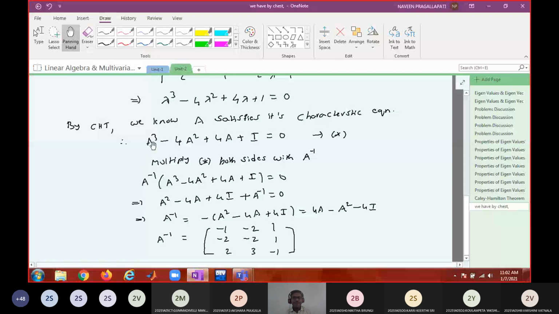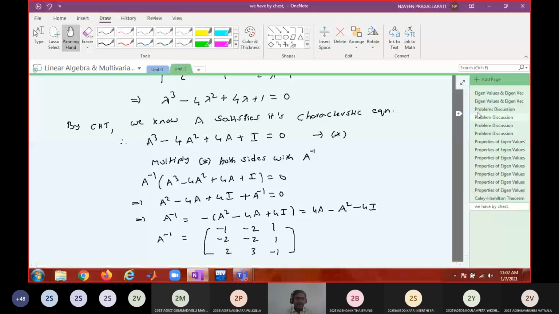Shall I go to the next page? Yes, sir. So from this equation, get the expression for A cube.